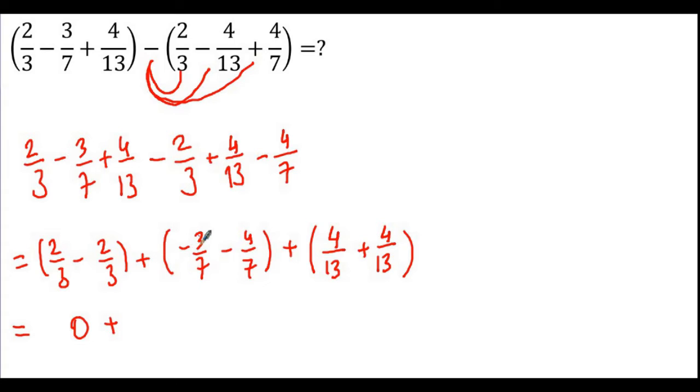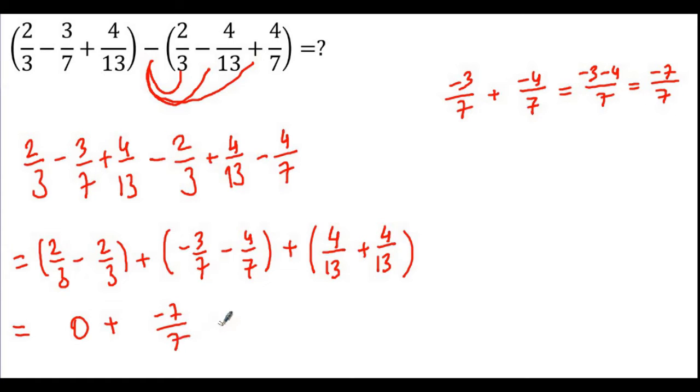Plus, I have minus 3 over 7 minus 4 over 7. So I can rewrite this expression as minus 3 over 7 plus minus 4 over 7. So minus 3 minus 4 is going to be minus 7 over 7. So I got minus 7 over 7 here.